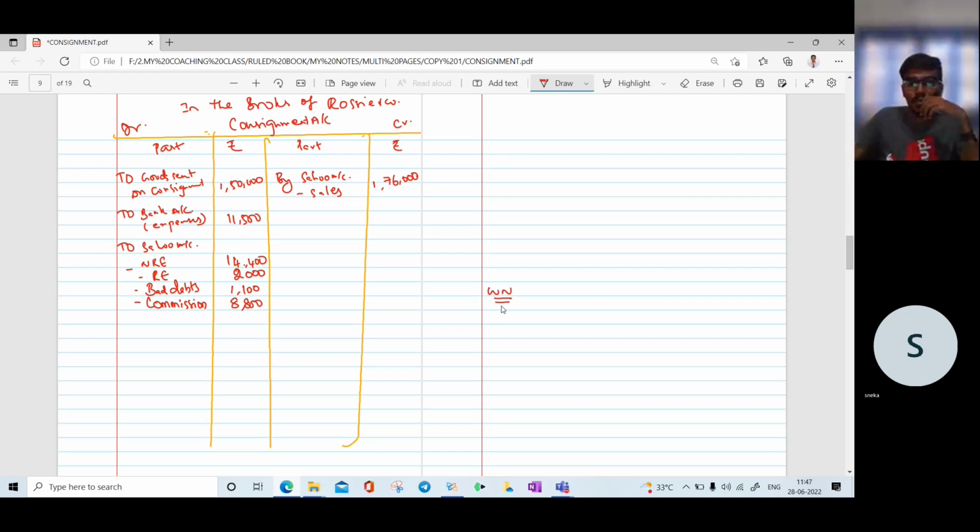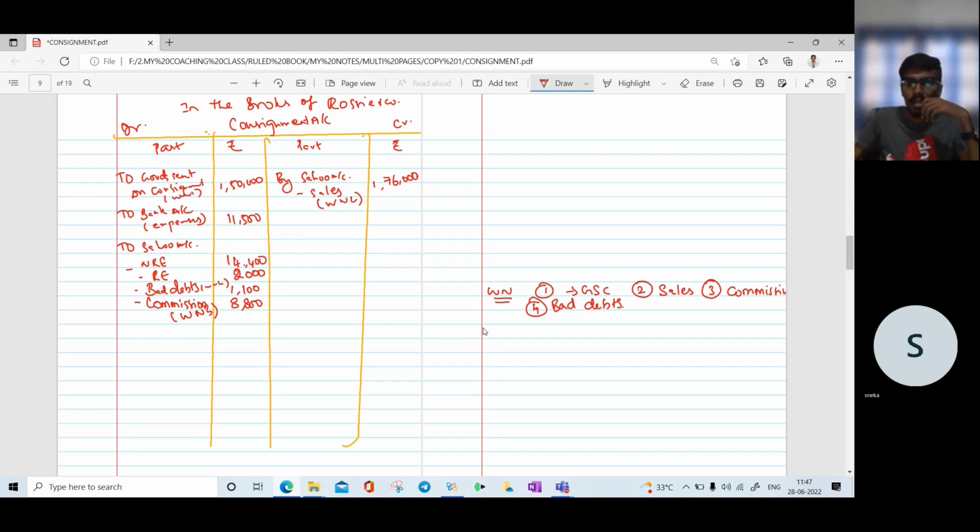We need to prepare working notes. You will write the first working note as GSE, second working note as sales, third working note as commission, fourth as bad debt. Okay, it is a very simple calculation. Give a reference: working note 1, working note 4, working note 2, working note 3.